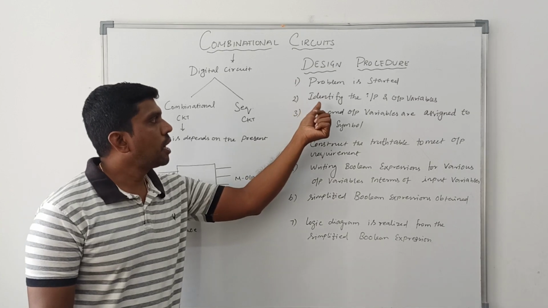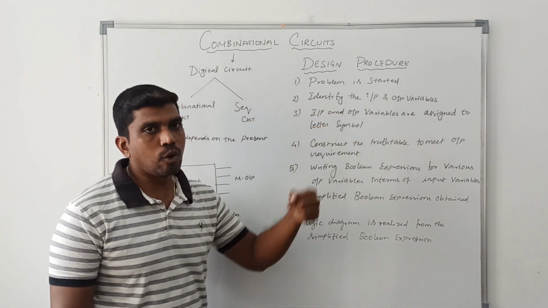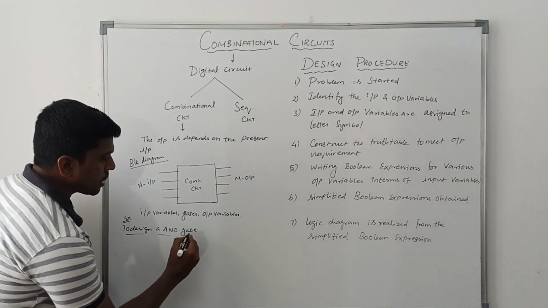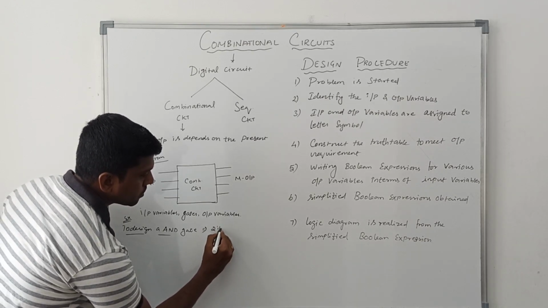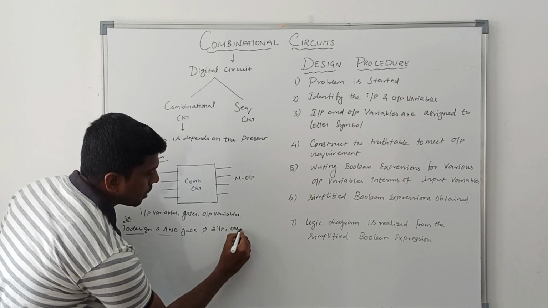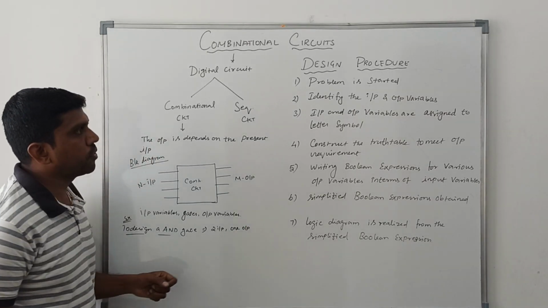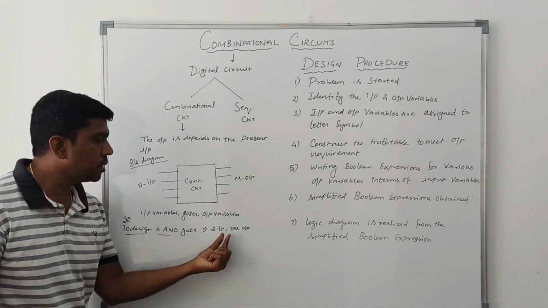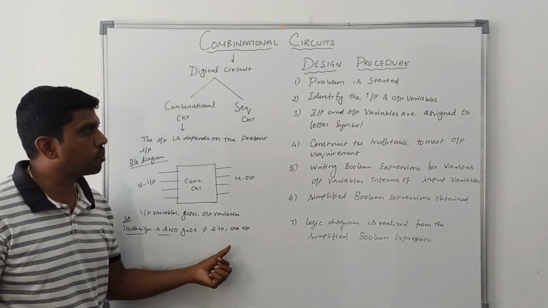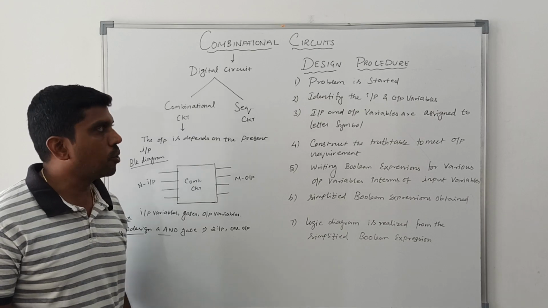Second step, identify the input and output variables. The AND gate has 2 inputs and 1 output.